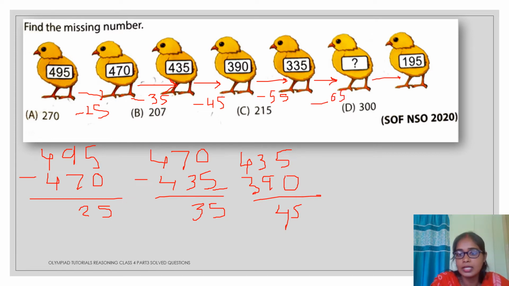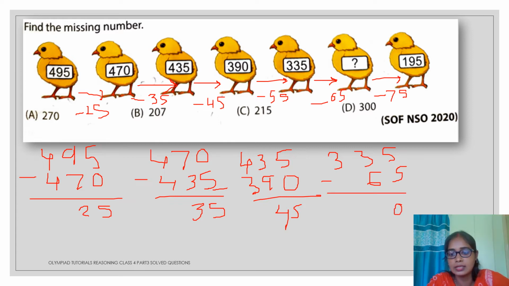And for the last one, minus 75. Now take the fifth number, 335, and subtract 65 from it, and you are going to get your answer. Just try to solve it.